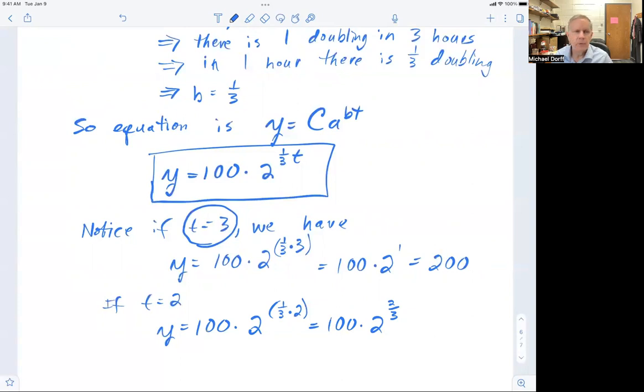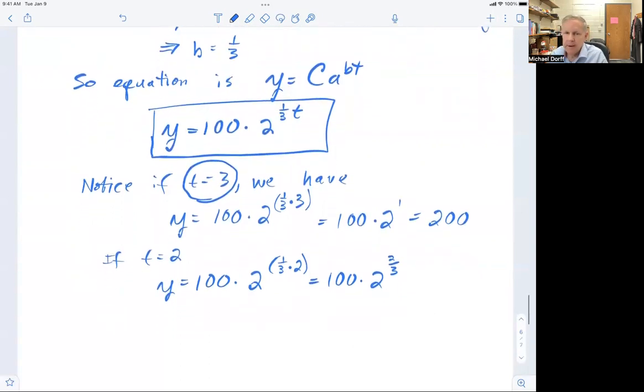I multiply that by 100, and the amount of bacteria is going to be somewhere between 100 and 200, which would make sense. All right. Hope that helps you with this section.